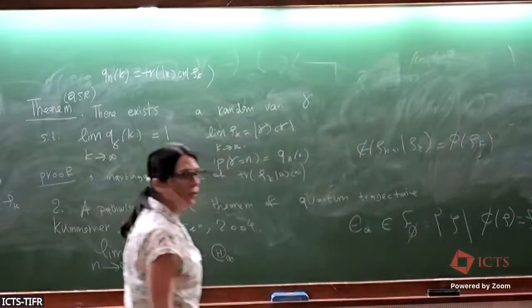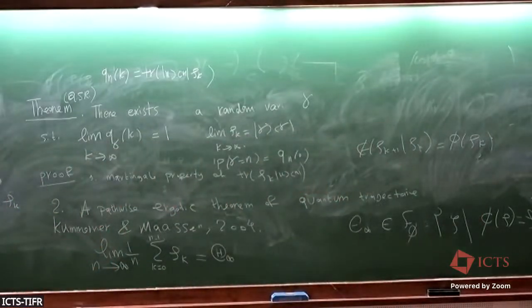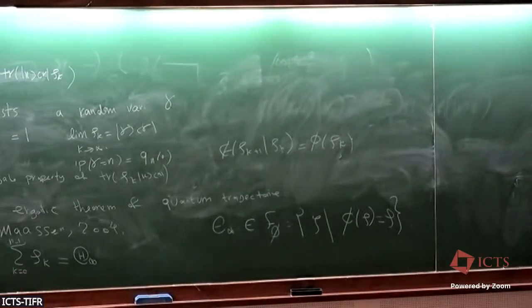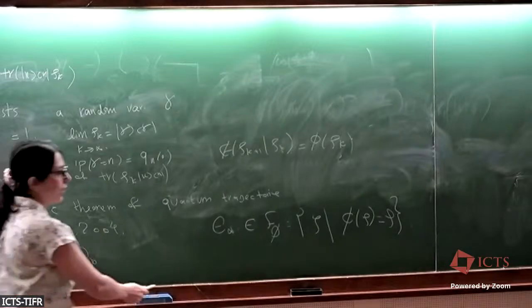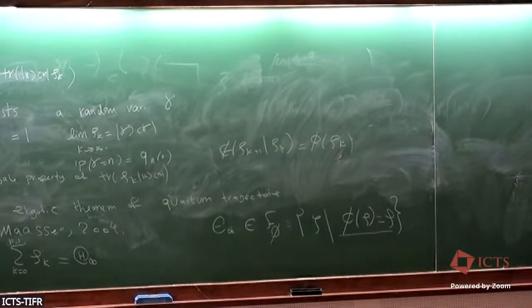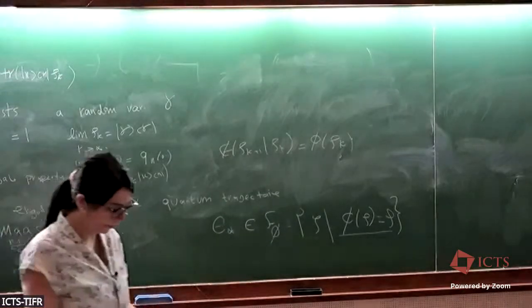So if you look at the fixed point of this, then you have the limit of 1 over n, the sum of rho k, converges to some random variable theta infinity, which is included in the set of the fixed points of your channel. So these are the two things that they use, and they get the result that I announced.